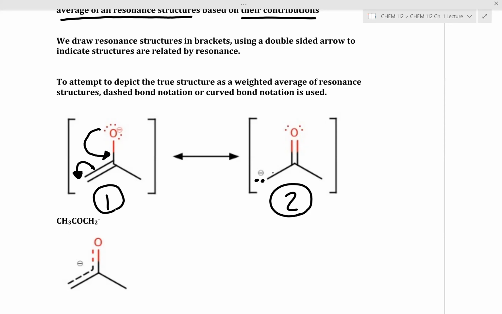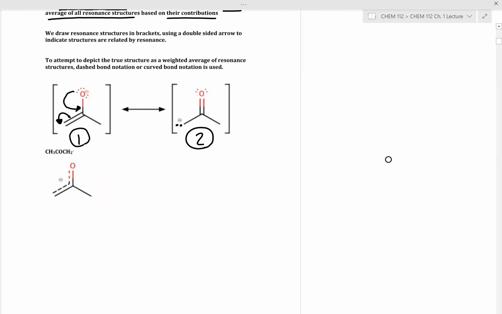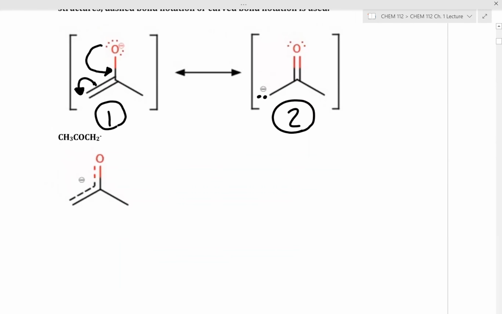In order to best represent our resonance hybrid, if we were to draw our resonance hybrid from this, instead of drawing a formal double bond between these 2 carbons and between this carbon and oxygen, we instead use dashed line notation. To give you a sense of how dashed line notation works, let's look at the following structure below.